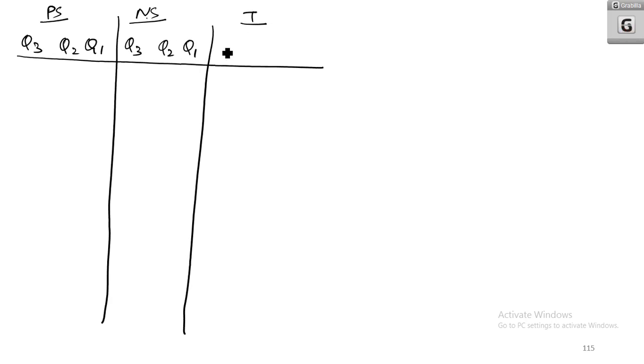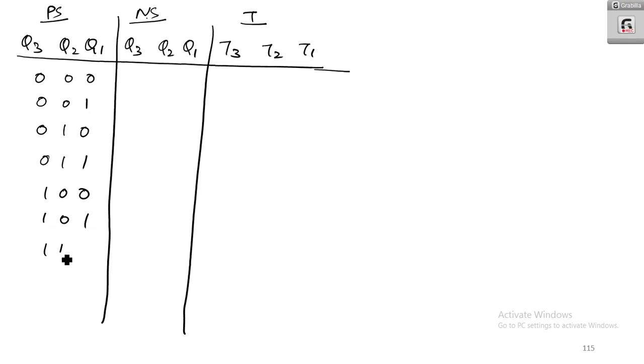I am having T for 4, so I should have T3, T2 and T1, since I am having 3 flip-flops. So present state. First is 0, 1, 2, 3, this 0, 1, 1, 4, 5, 6 and 7.